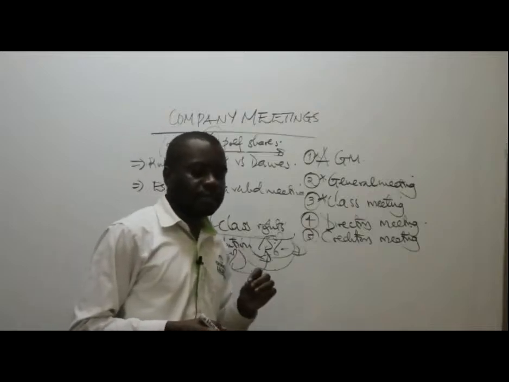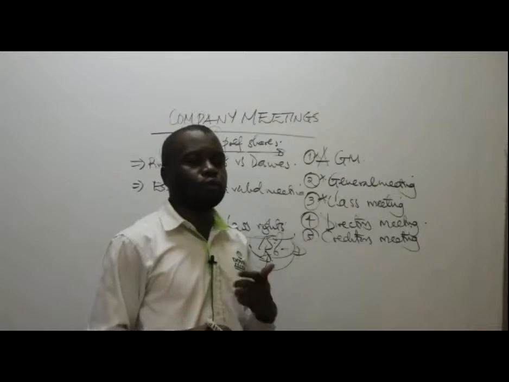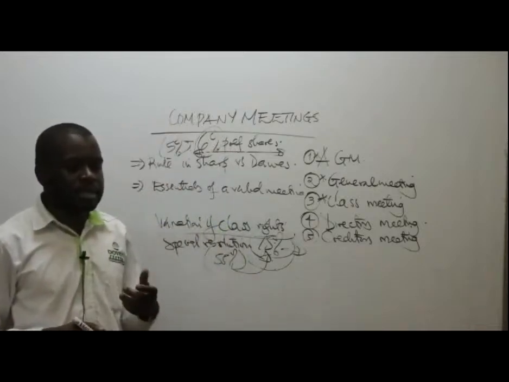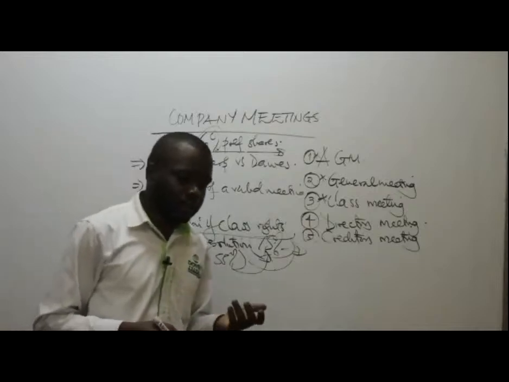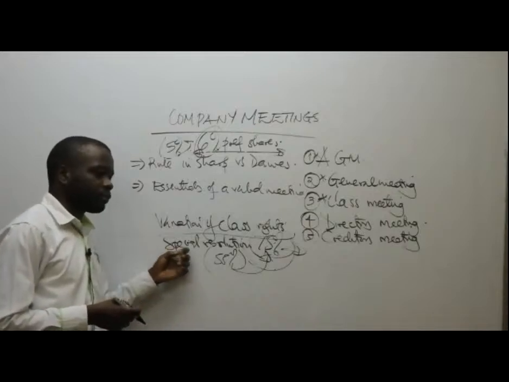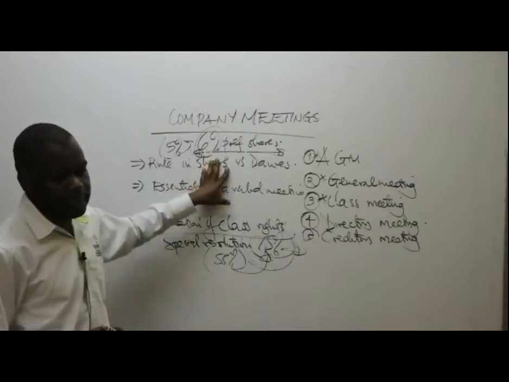At the class meeting, a special resolution will be passed to approve the variation of class rights. Once that has happened, the resolution will be filed with the company. Then once the company gets that approval of members in that class of shares, they can proceed and do the variation of the class rights.